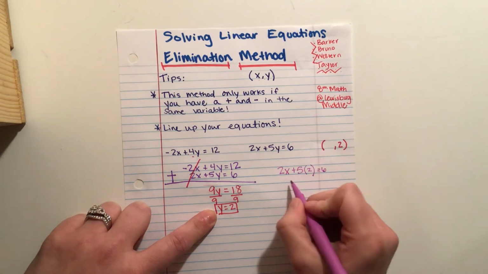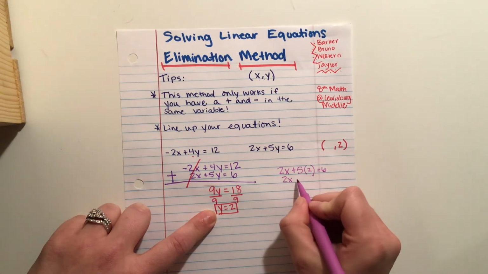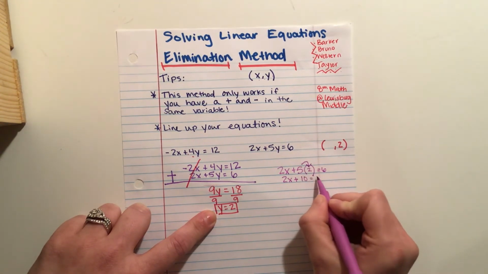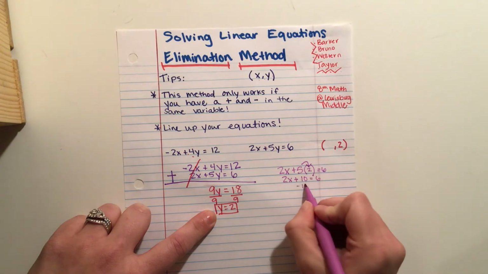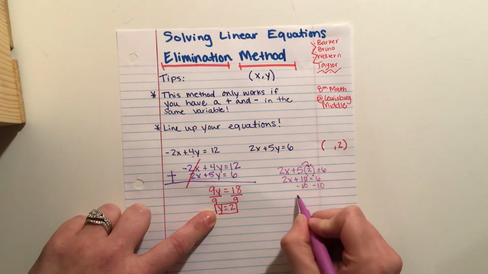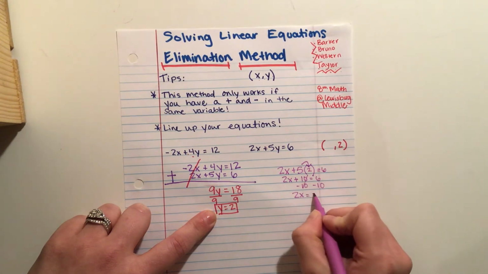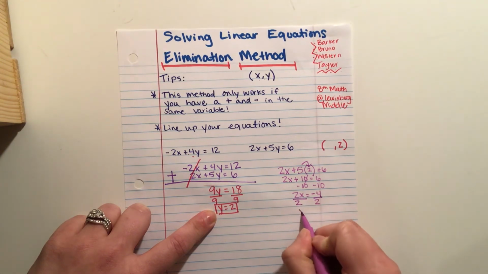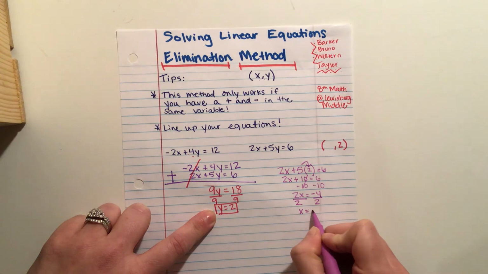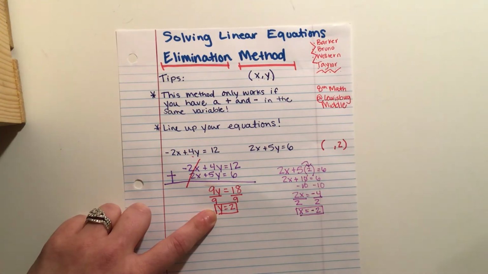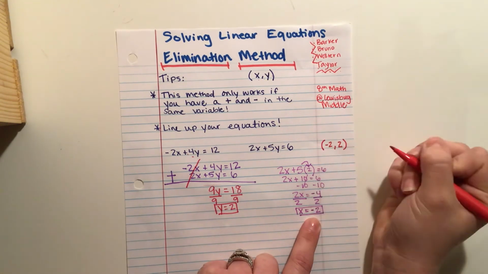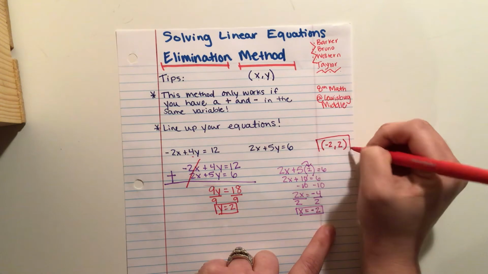Now we can easily solve for x. 2x plus, well, what is 5 times 2? 10 equals 6. Subtract your 10 on both sides. 2x equals negative 4. Now divide by 2 on both sides, and you know that x equals negative 2. You now have the second part of your ordered pair. X equals negative 2. So this is your answer right here.